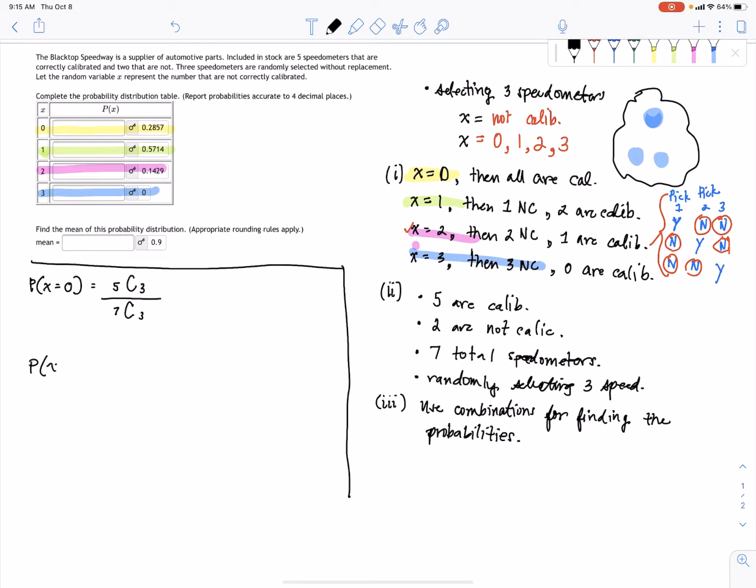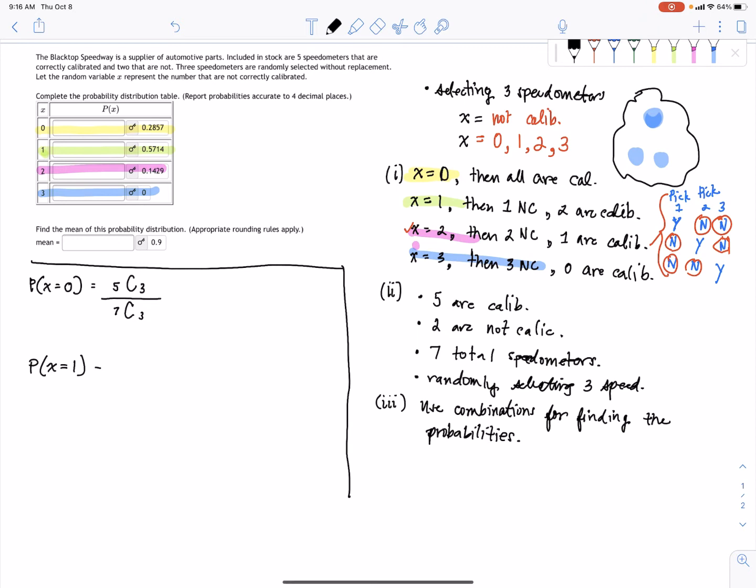Okay, and if I want to find the probability where x equals 1, again, this is when 1 is not calibrated and 2 are. So if 1 is not calibrated, that has to come from the 2 that are not calibrated in the box. So I have 2 and I'm choosing 1 that's not calibrated.